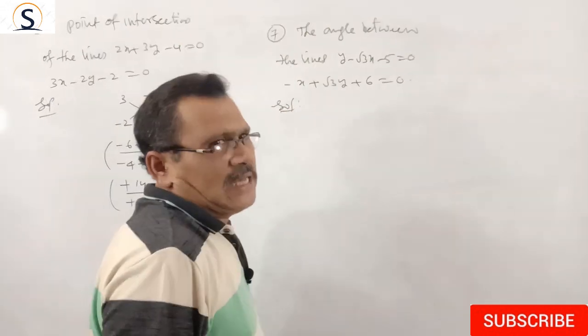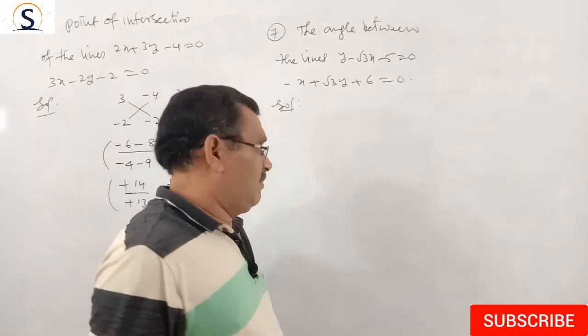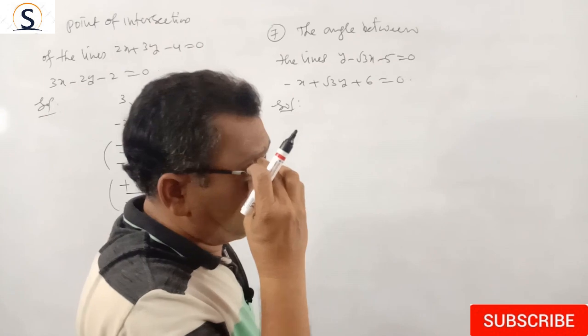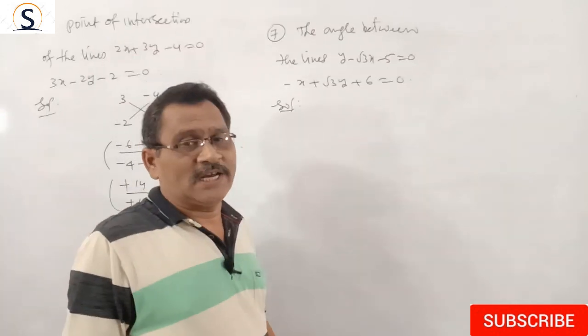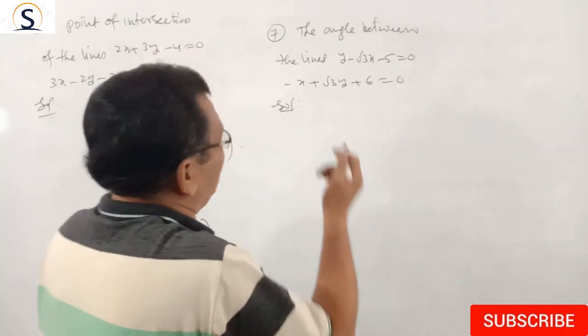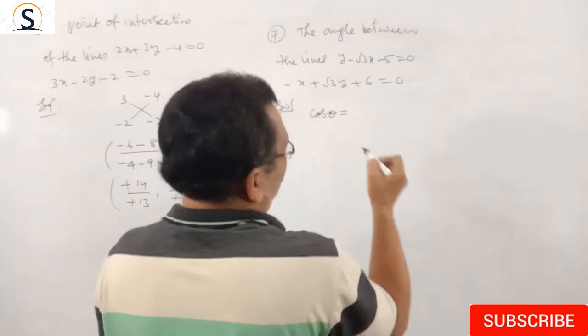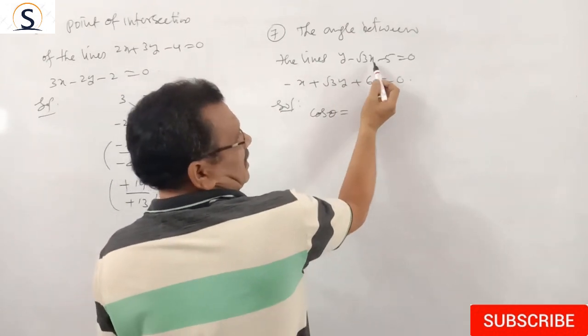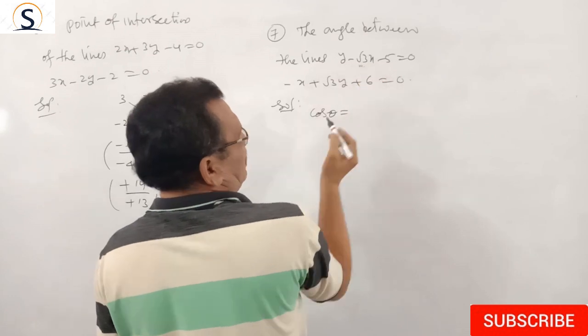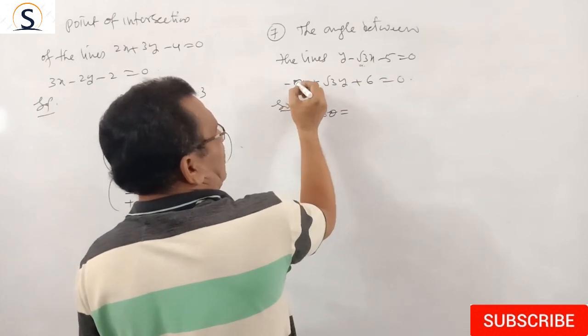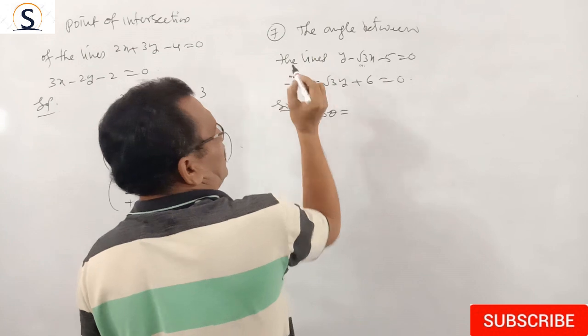I told you the cos theta formula, even the tan theta formula is also there. For that, find out the slope of the first line, slope of the second line, m1 and m2. Or directly I will be applying the cos theta formula. The first line's x coefficient is a1, the second's x coefficient is a2, here it is minus 1, so this is a2.